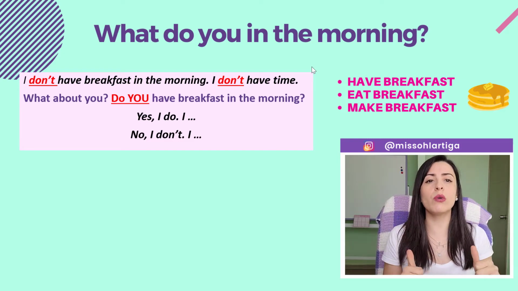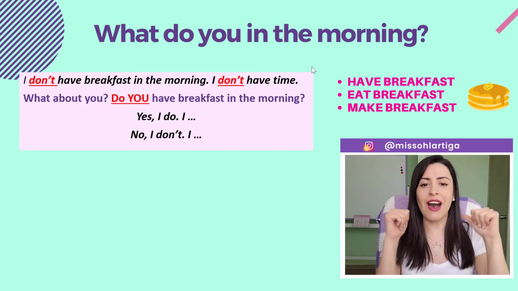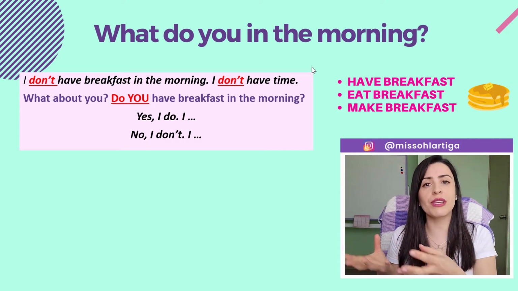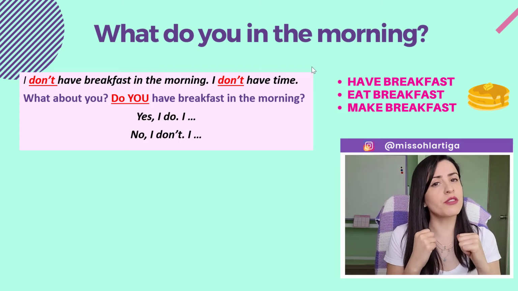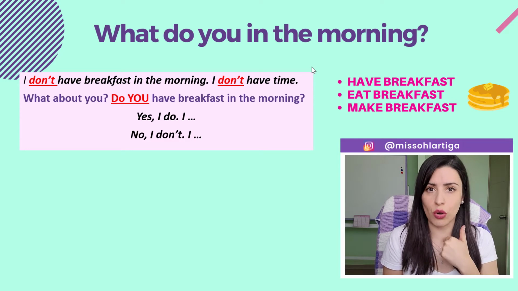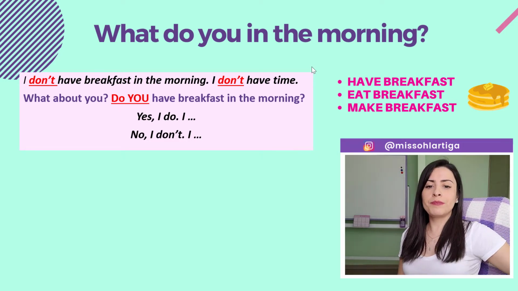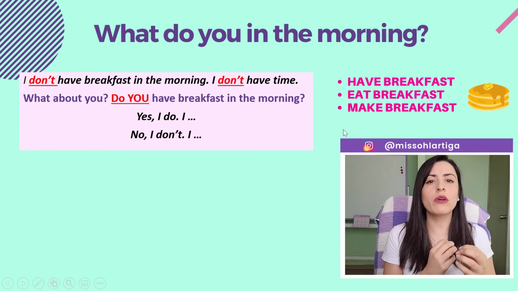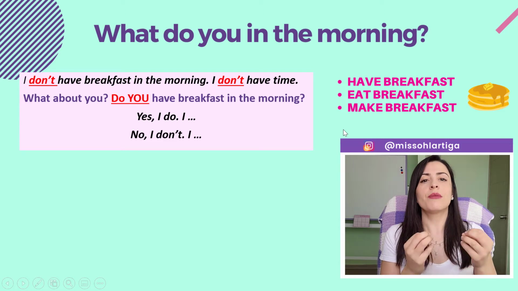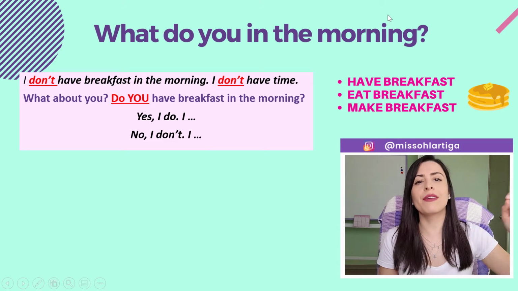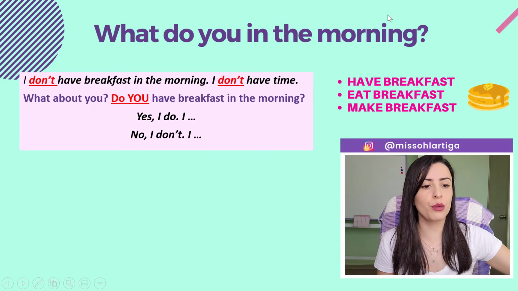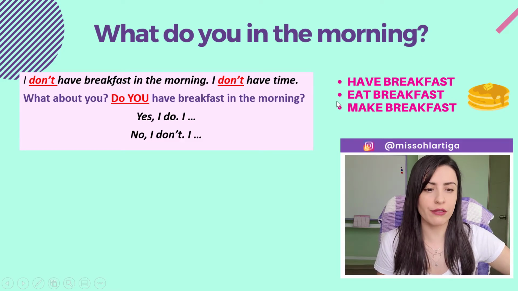Remember, we use don't because the subject is I. Usamos el don't porque el subject, el sujeto, es yo, okay? And remember, if you want to answer the question, remember to add more information and remember to take notes of your possible answers.